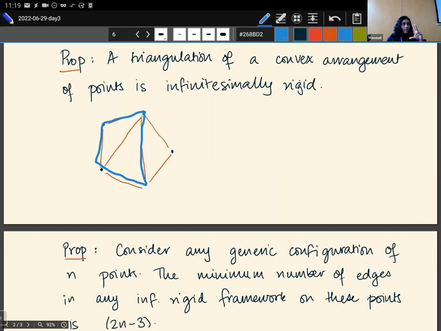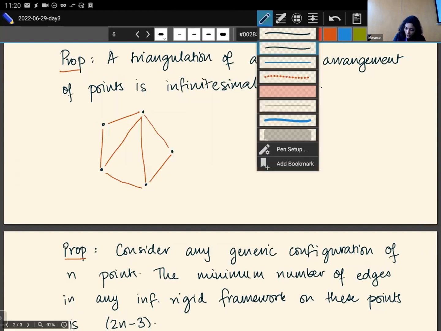And you can convince yourself that if you have a quadrilateral, you can flex it. Okay. So again, you can do some linear algebra also, but visually it's kind of clear. So in triangulations, if you remove any one edge, you get a flexibility. And then, of course, you can add extra edges, but then you get crossing frameworks. Fine. They're still infinitesimally rigid, but this is the minimal number.